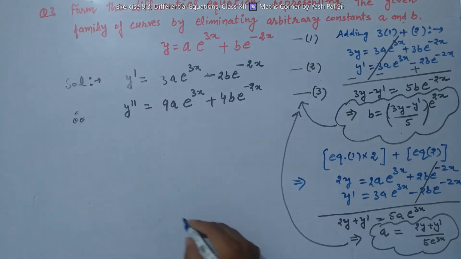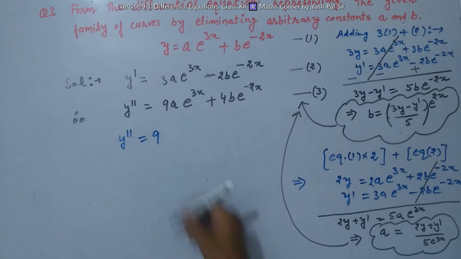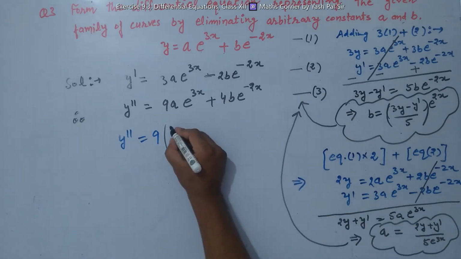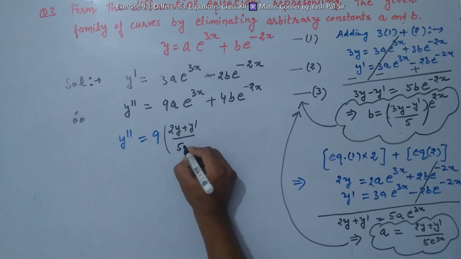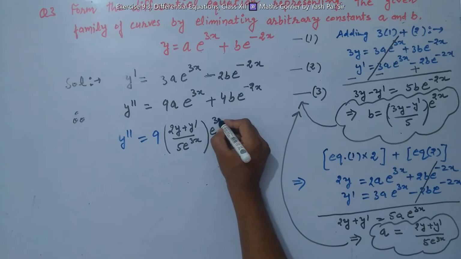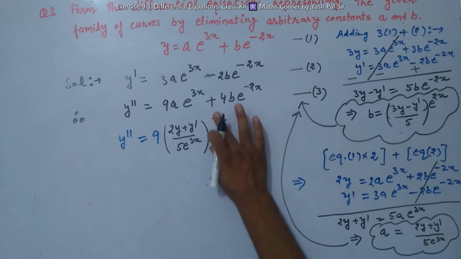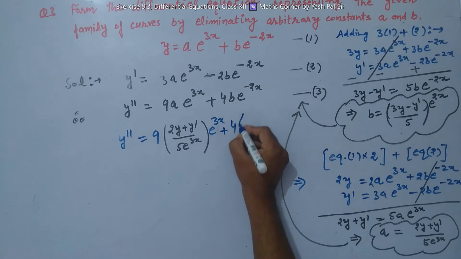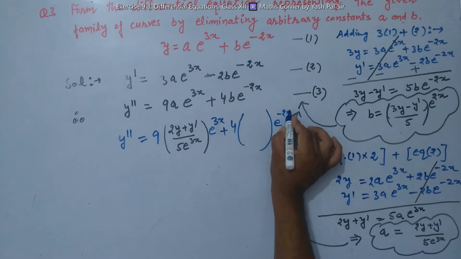So equation number 3 becomes y double dash is equal to 9 into the value of a. Value of a is 2y plus y dash upon 5 into e power 3x, into e raised to power 3x, plus 4 into the value of b into e raised to power minus 2x.